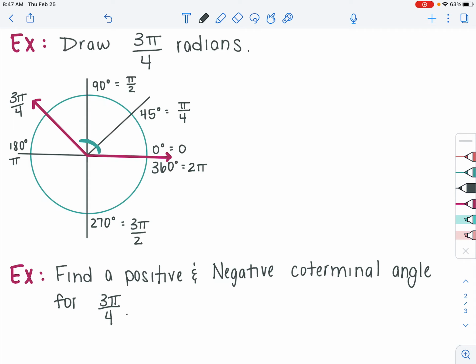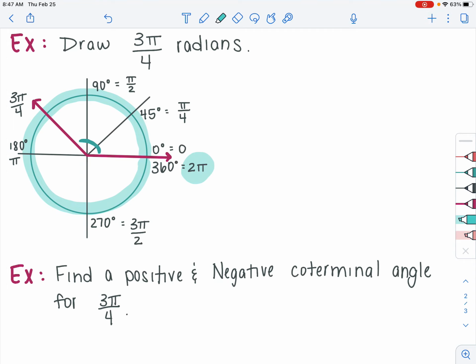It's a little bit trickier when I'm working with radians just because we're not as comfortable with them, we're not as familiar with them. But when I travel all the way around the circle, so if I start at 0 and I go all the way around the circle, I've gone 2 pi radians. 2 pi is the same thing as 360.